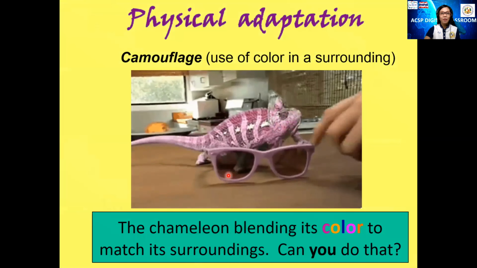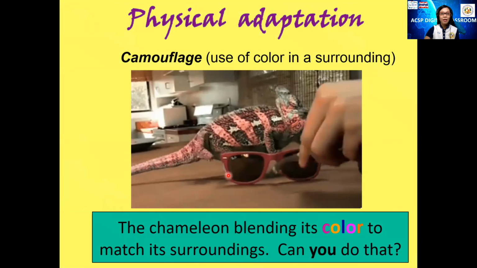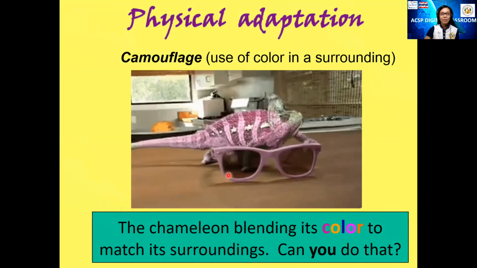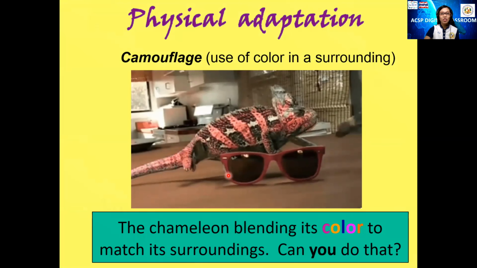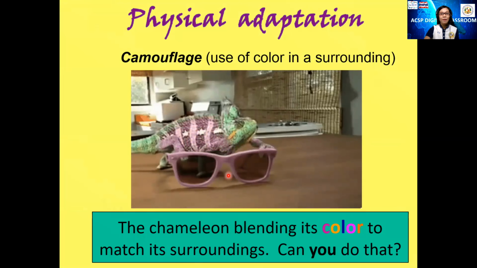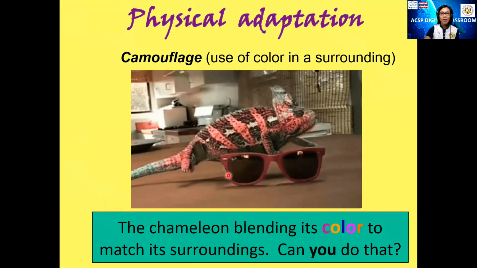For example, this is a chameleon. The chameleon can blend its color to match its surroundings. We call it camouflage. Their body can blend its color into the surroundings.